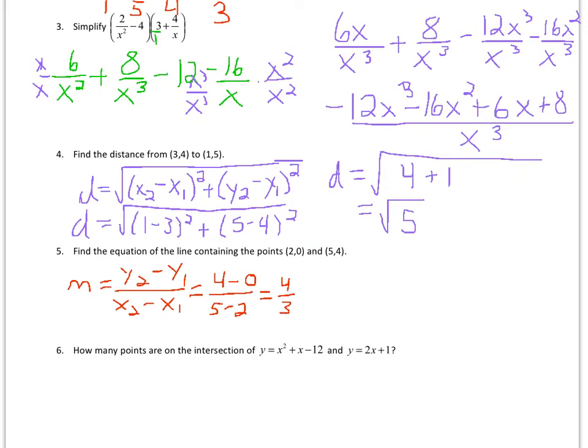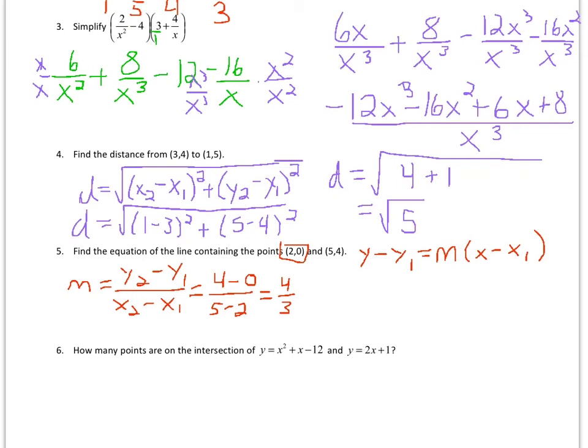Now remember that if we know the slope of our line and a point that it goes through, in this case we know 2 points, but we only need 1, we can use point-slope form to write our equation of the line. Point-slope form is y minus y1 equals m times x minus x1. I'm going to use the point (2, 0) because that looks like it would be pretty easy to plug in.